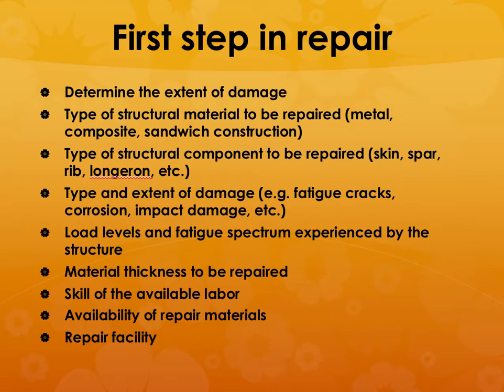You have to know what is the structural material to be repaired, whether it is metal, composite, or a sandwich construction, and what is the type of component to be repaired, whether it is a skin, spar, rib, wing structure, etc., and how much is the type and extent of the damage, whether it is a fatigue crack or a corrosion or impact damage, etc., and after repair, what are the load levels and fatigue spectrum experienced by the structure, and how much is the material thickness to be repaired, and you also have to know what is the skill of the available labor.